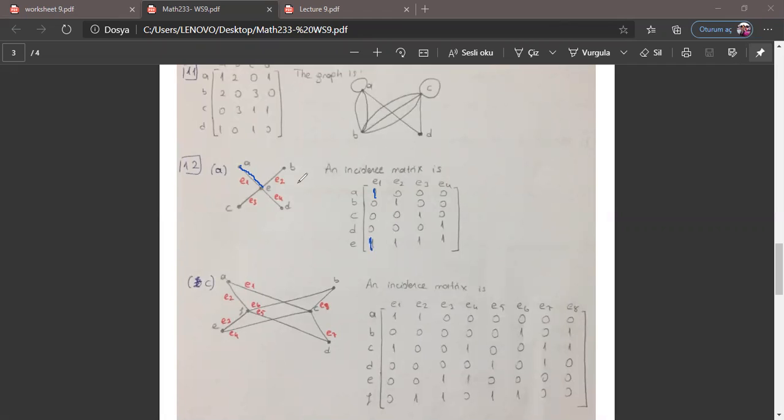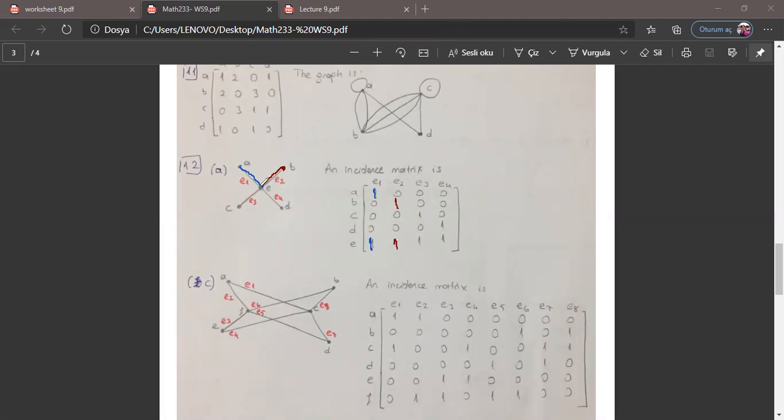And similarly, we write for E2. E2 connects B and E, so we have ones for them, and the remaining parts will be 0, okay?